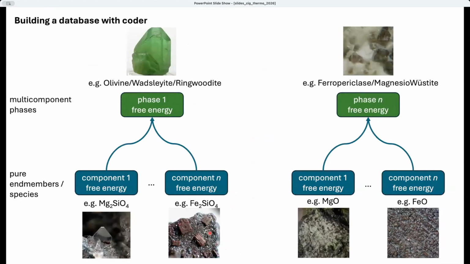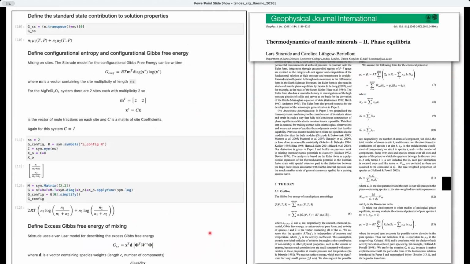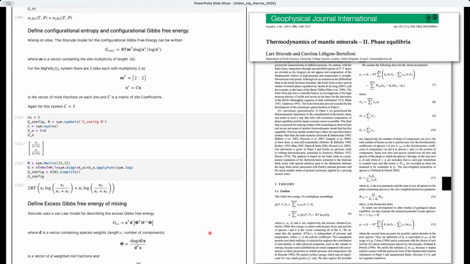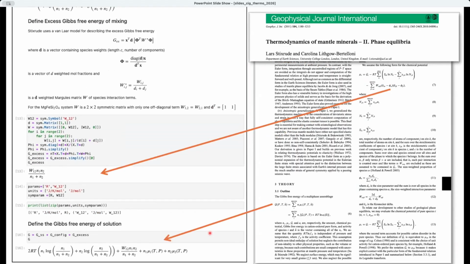And just like Bob was showing, we then take those components, build them into these multi-component phases, and again, go back to the literature, have another Jupyter notebook, and pull out the symbolic representation of our Gibbs free energy of the thermodynamic phase.